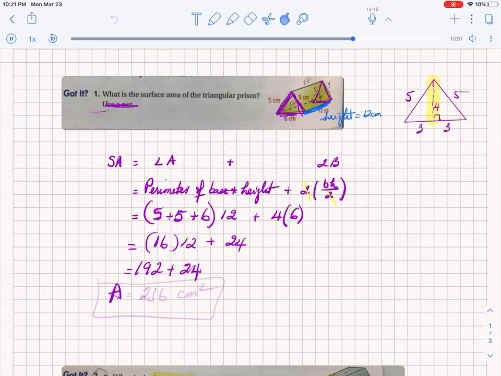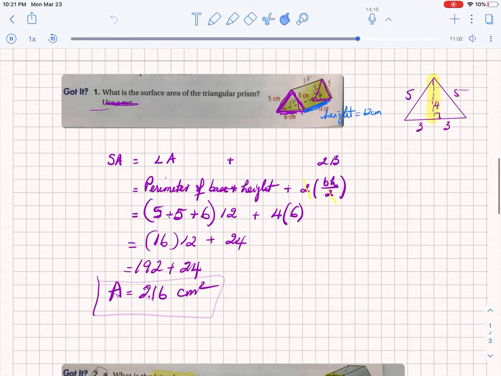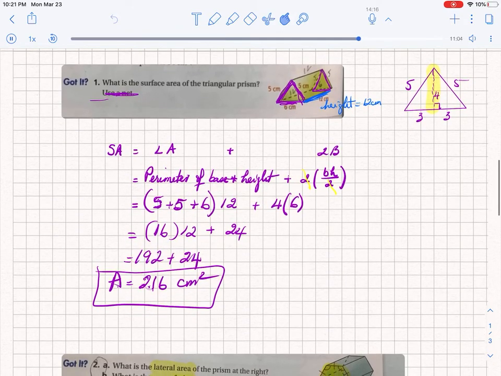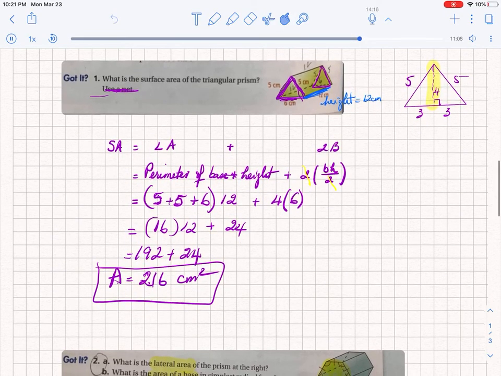That should give me 216, and my unit is centimeters squared. So my area for this triangular prism is 216 centimeters squared.